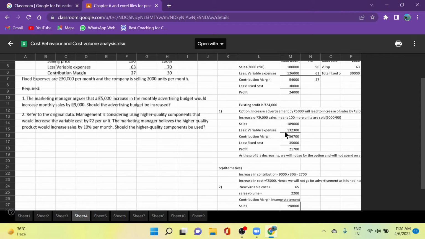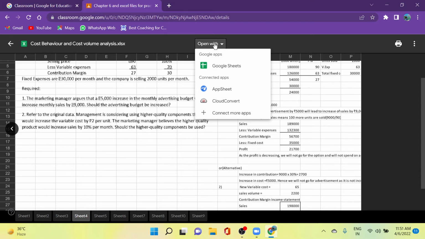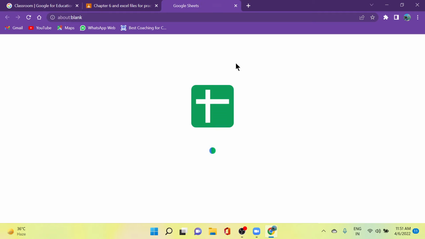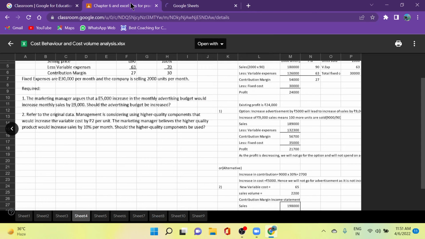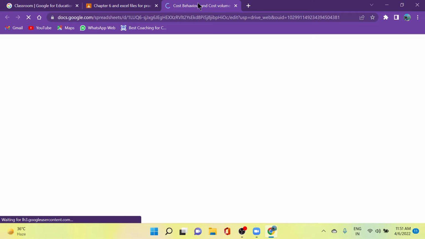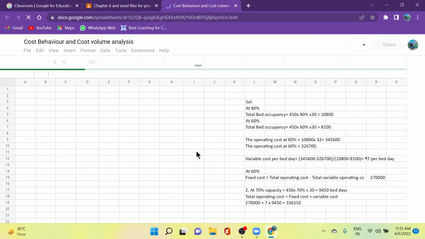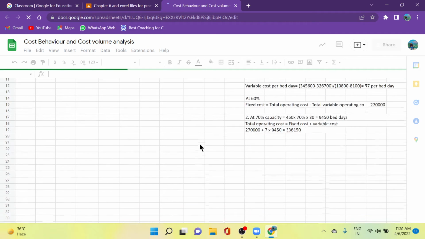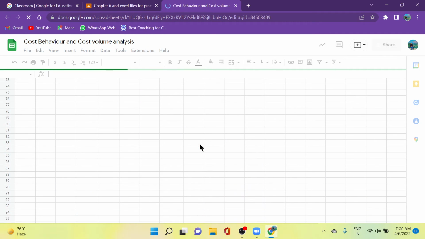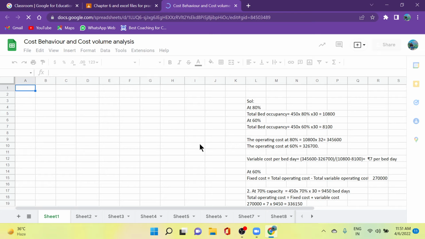With this information, we first want to prepare the income statement with the existing profit figure. So we prepared this contribution format income statement with 2,000 units of sales, right? Here, total 2,000 units and then per unit. Sales 90 into 2,000, that is 1,80,000.